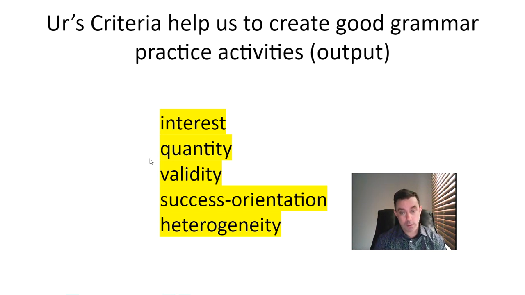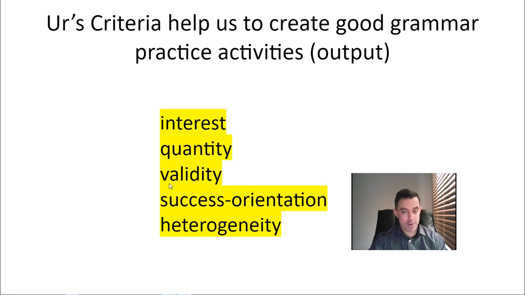You want to make sure they get enough practice, and I'll tell you why, because it has something to do with the purpose of this stage. When you're in restricted practice, your goal is to use the language a lot and get it right. Right? So quantity, you should have lots of chances to practice.